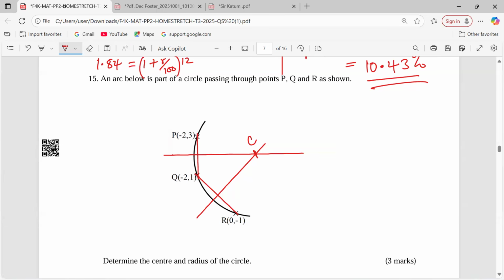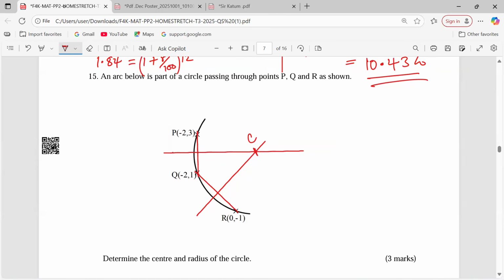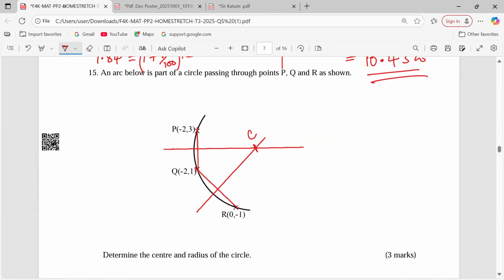Equations of these bisectors by first saying that equation of PQ, let's get not equation but gradient of PQ shall be 3 minus 1 out of -2 minus -2, giving us 2 over 0. Let's stay with the gradient like that. So the bisector, which we can call bisector 1, will have a gradient of, remember, we've bisected the PQ, meaning that they are perpendicular to one another.